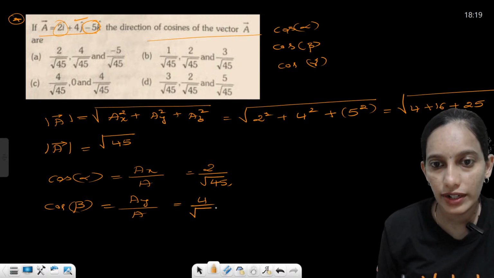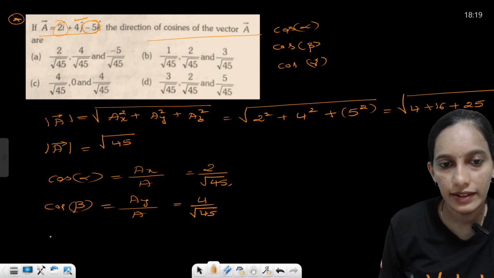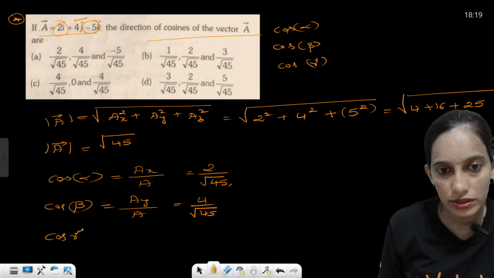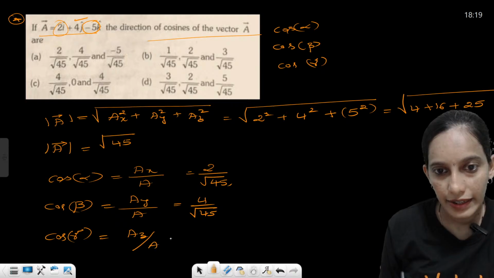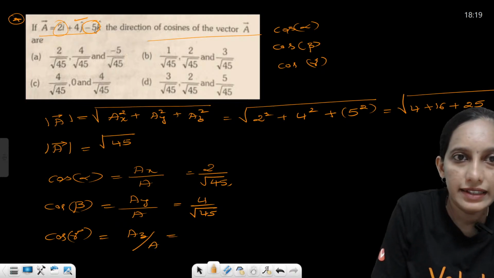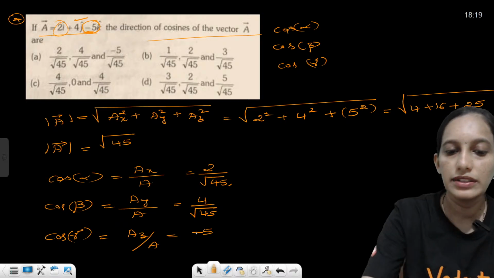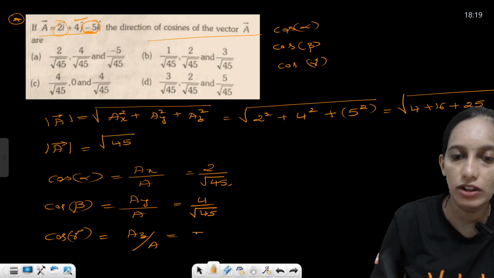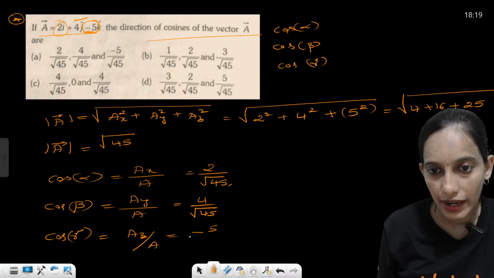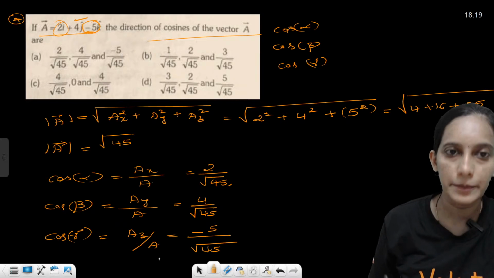So 4 divided by root 45. And cos gamma is equal to az by A. What is az here? It is minus 5 k cap, so that means minus 5 is the component along the z axis. So minus 5 divided by root 45.